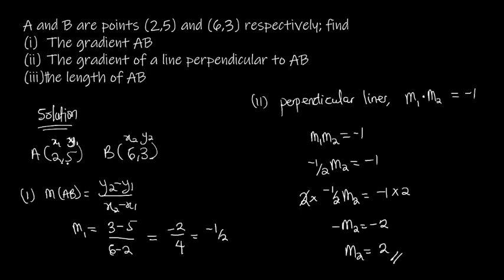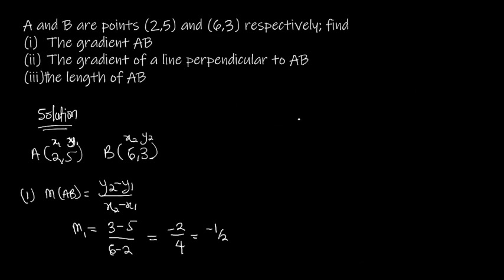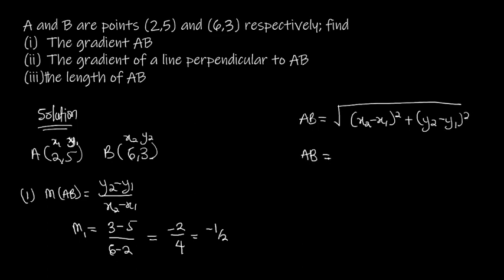Alright, so let's go ahead and calculate the length AB. We said to calculate the length of 2 points, say AB, that will be equal to the root of x2 minus x1 squared plus y2 minus y1 squared. So the length of AB is equal to the root of my x2, which is 6, minus x1, which is 2, squared, plus my y2, which is 3, minus y1, which is 5, squared.